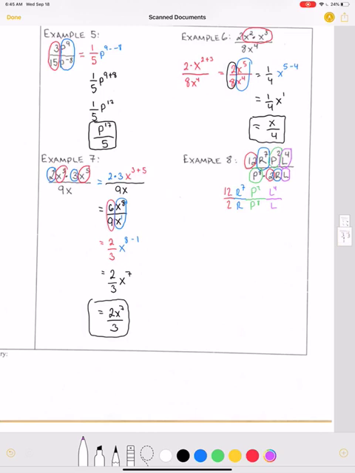Okay, cool. 12 over 2 is going to reduce to be 6. I have r to the 7th over r to the 1st. So r to the 7 minus 1 power. P to the 2nd over p to the 8th, so 2 minus 8.